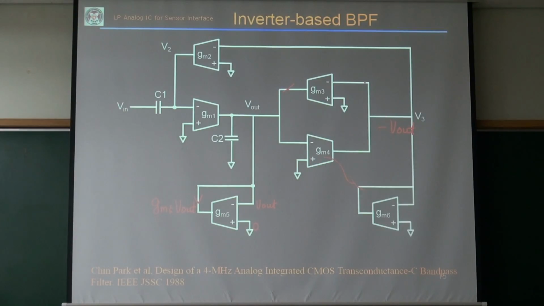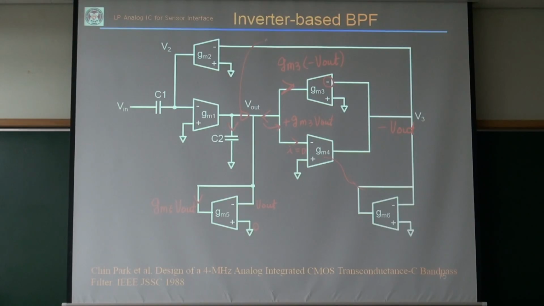This is Vout, so this is a negative sign. So this current, gm3 times minus Vout, will flow in. So this I equals 0, and this current will be plus gm3 Vout, right? Then what's the current going through there?